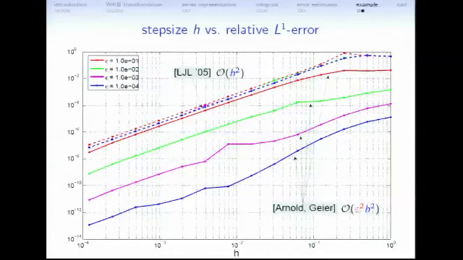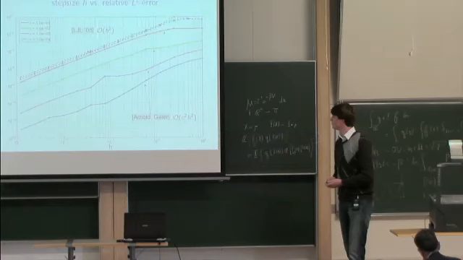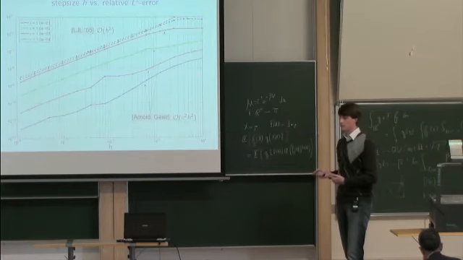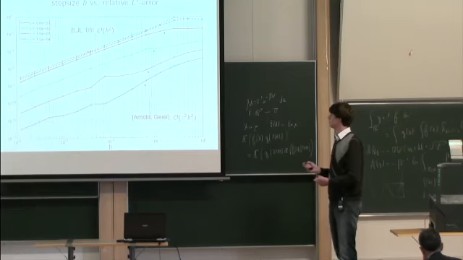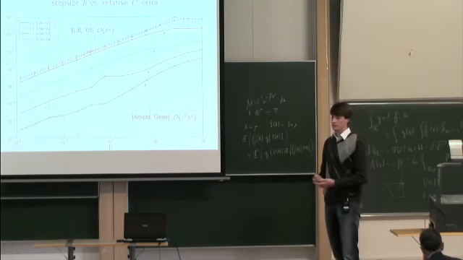Since the distance between these epsilons is a factor 10, you also observe very well in this scheme the behavior of epsilon squared. What is somehow remarkable is that even for very, very large step size, here h equal to 1, you see that the error decreases if epsilon tends to 0. Well, this is of course not a miracle. This is due to the fact that we incorporated the asymptotic nature of the solution in this scheme.